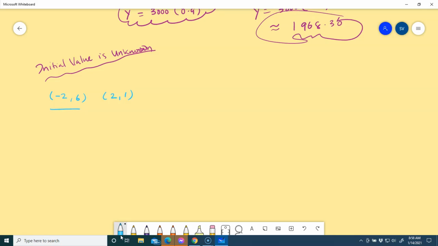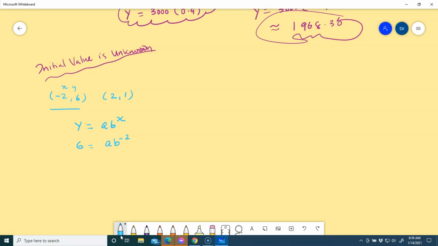So we know that the general form is y is equal to a b to the power x. Okay, we have 2 points, -2 and 6. When we are choosing -2, the x coordinate and the y coordinate, we can replace that here in this equation. So the equation becomes 6 is equal to a b to the power -2.